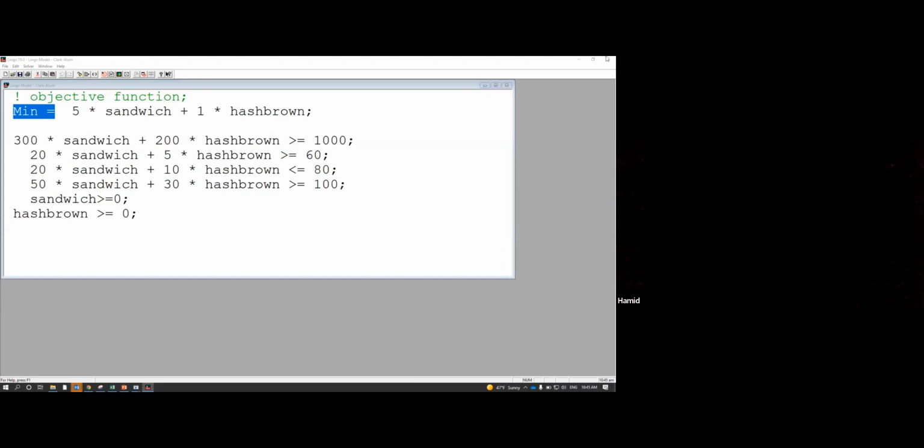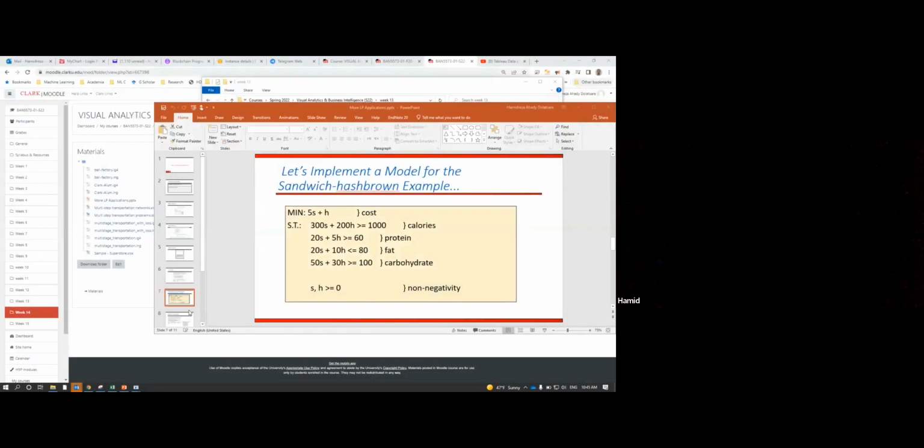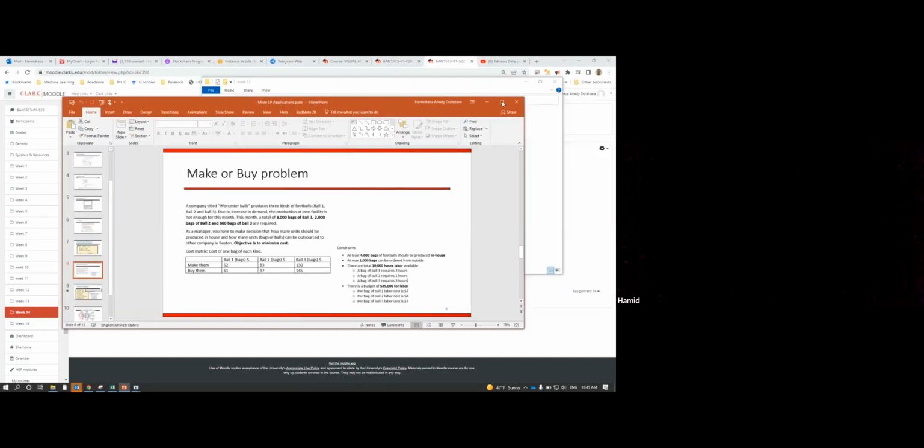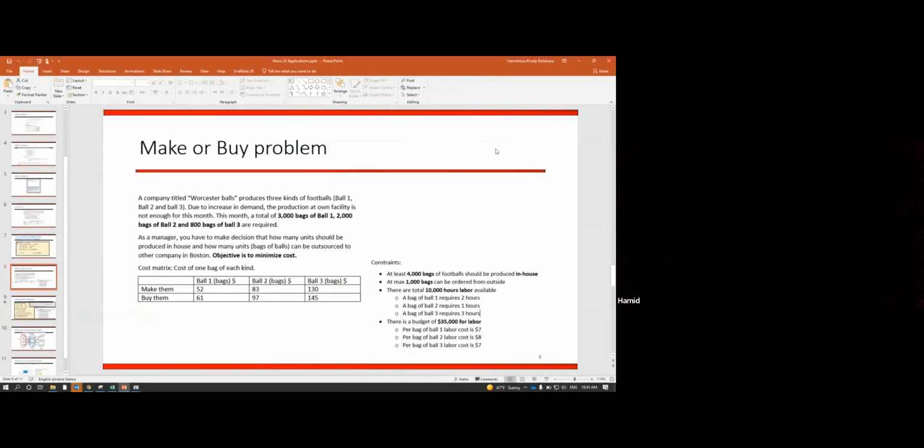Okay, let me just close this one. Now we do another problem, the make versus buy option. You need to fulfill a demand, and for that demand, you have 2 options.